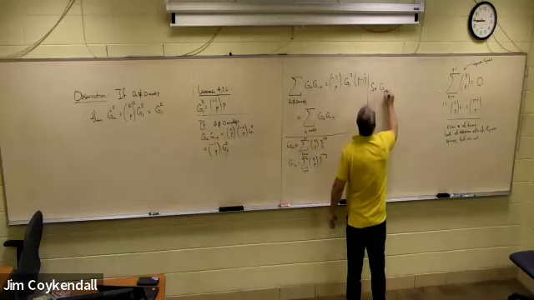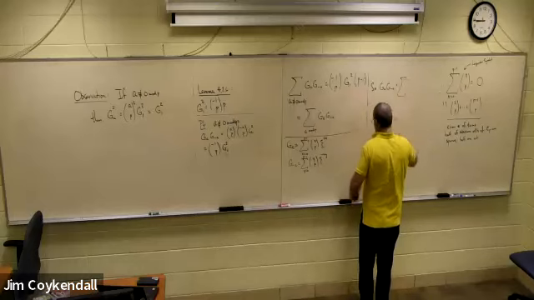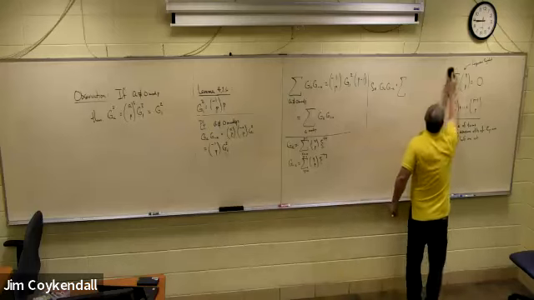So G minus A is equal to the product of these two sums.